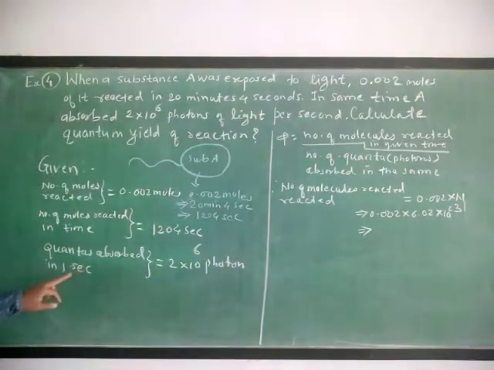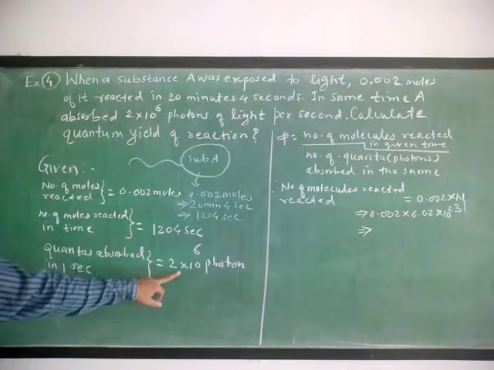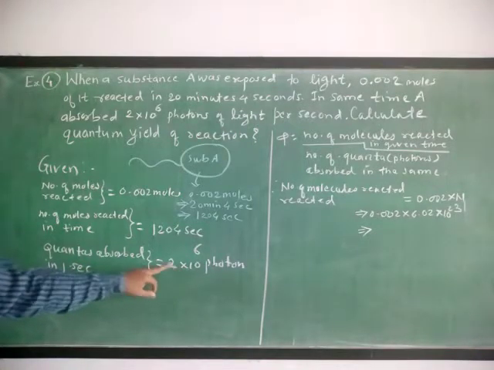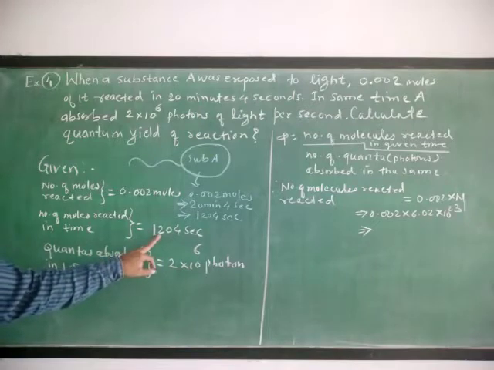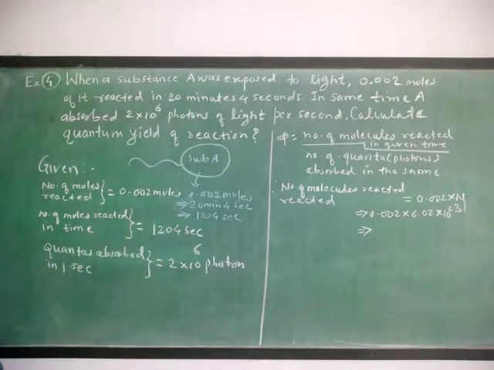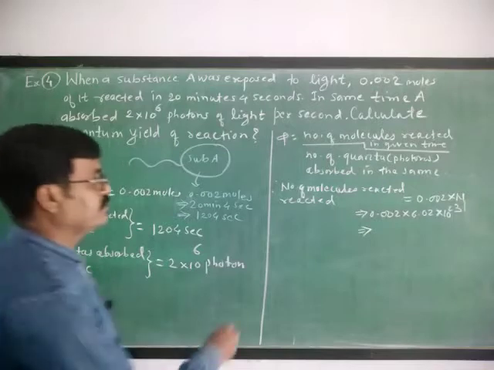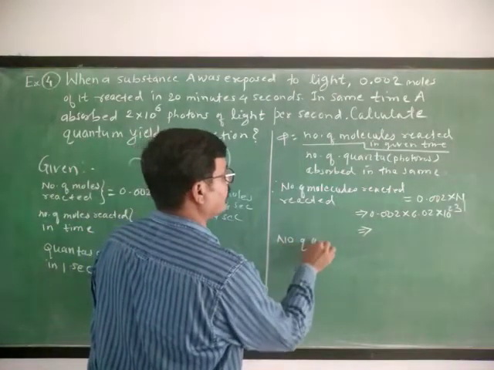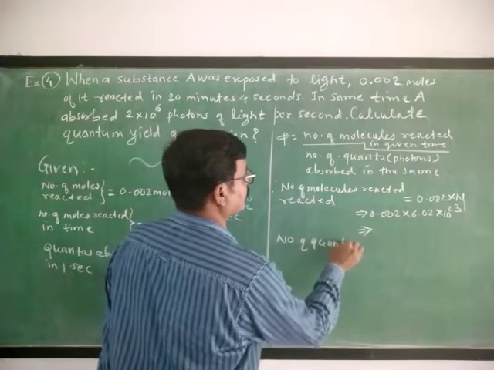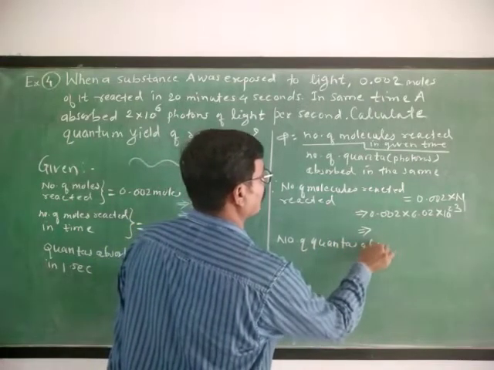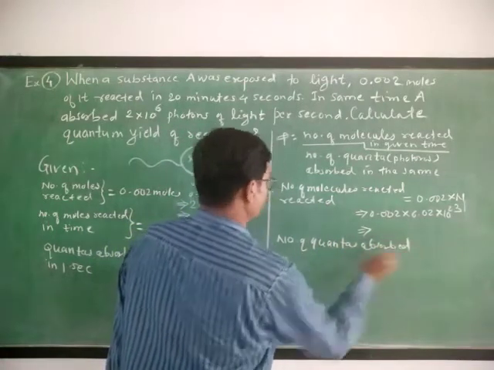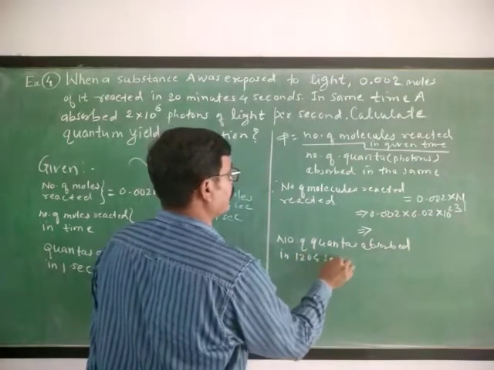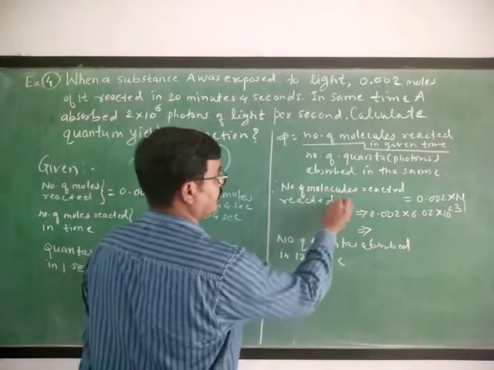Here the quantas absorbed in 1 second is given. That's why you have to calculate the number of quantas absorbed in 1204 seconds. How can it be calculated? See, number of quantas absorbed in 1204 seconds.